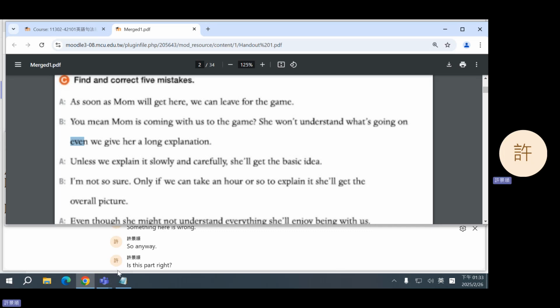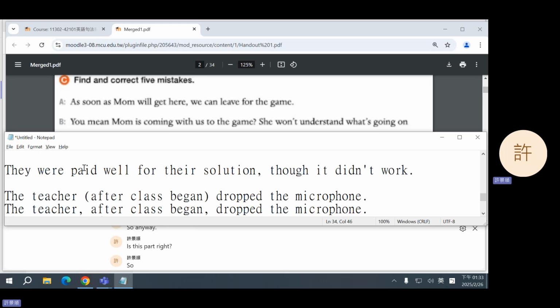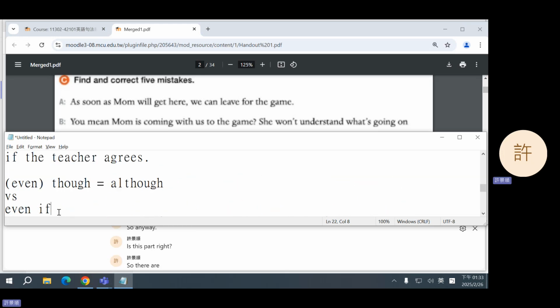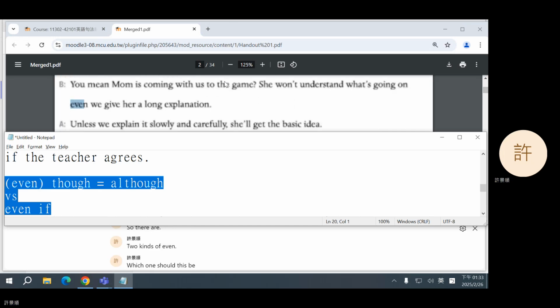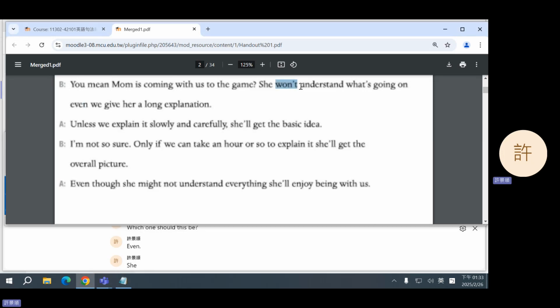So there are two kinds of even. Which one should this be? She won't understand, so this is in the future. So this has not yet happened. So it should be even if. Good. So this is a good example.